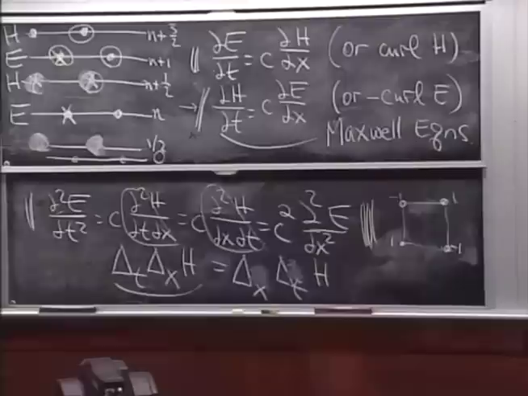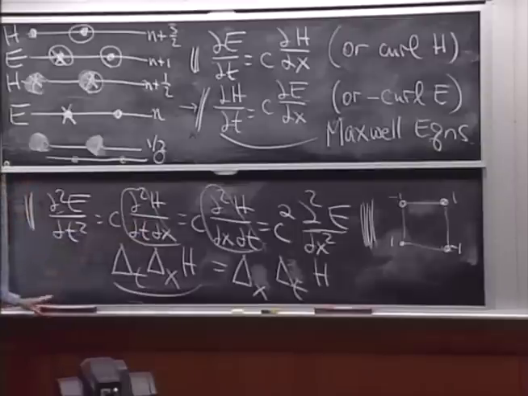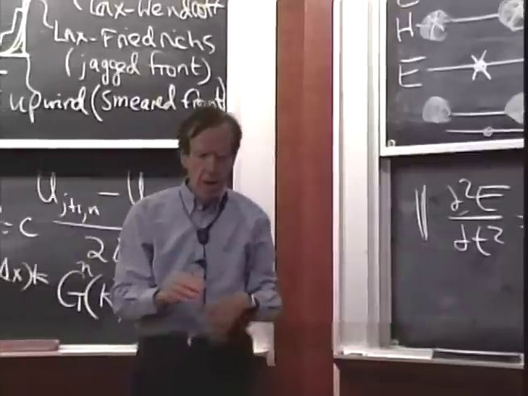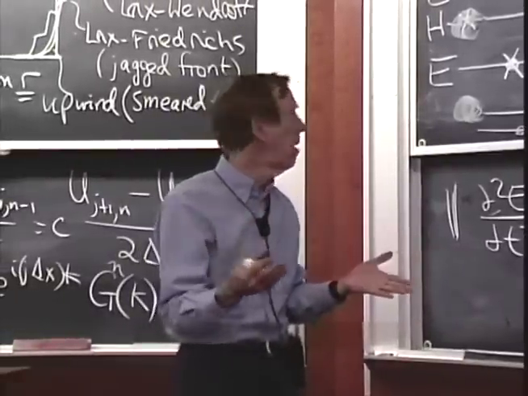Okay, so having that identity allows me to do exactly what I did with the continuous case there and show that when I eliminate the half levels, I've got ordinary leapfrog.